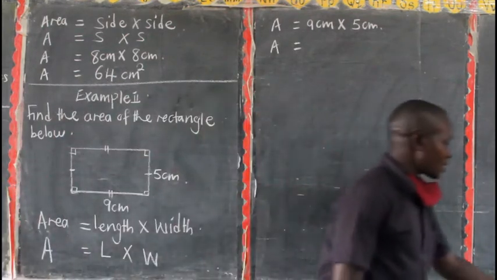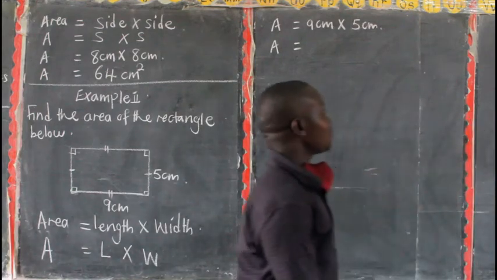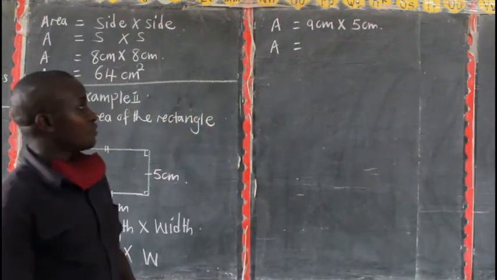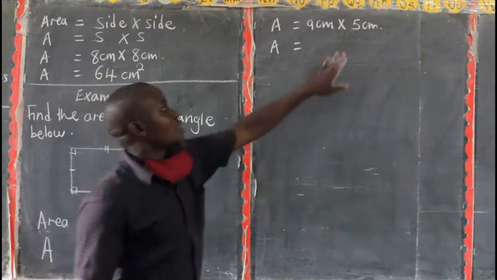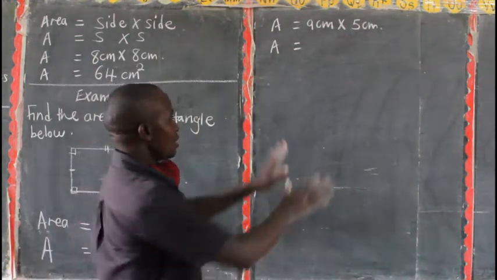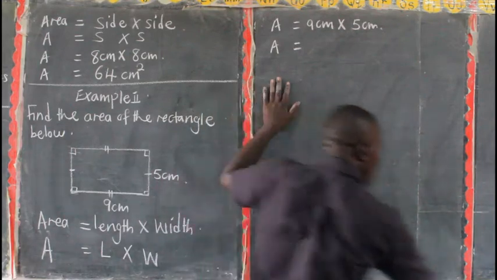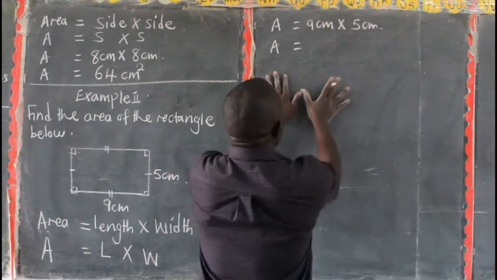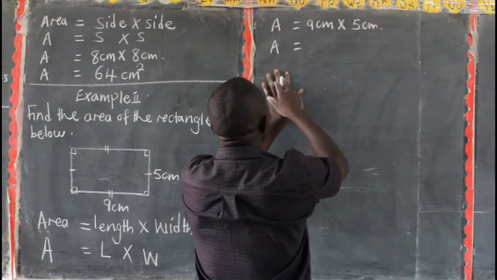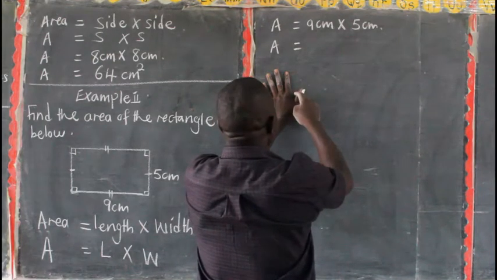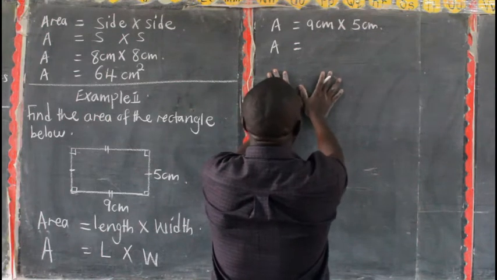Here you can do it practically using our fingers. 9 times 5. We have 10 fingers. We shall count 5 fingers here: 1, 2, 3, 4, 5. You bend the fifth one.